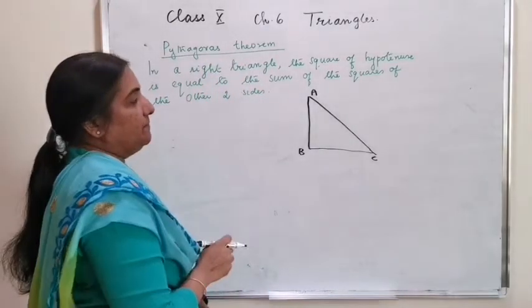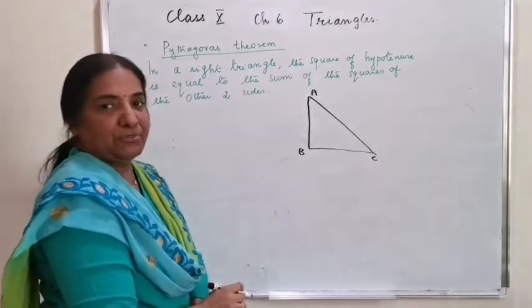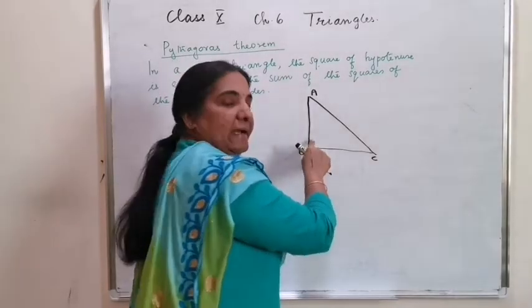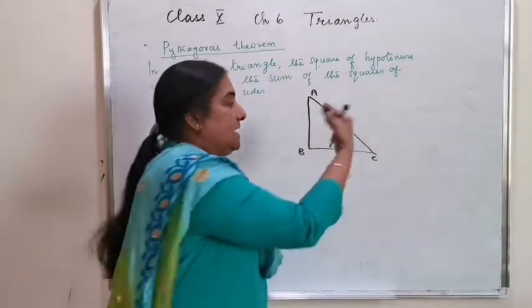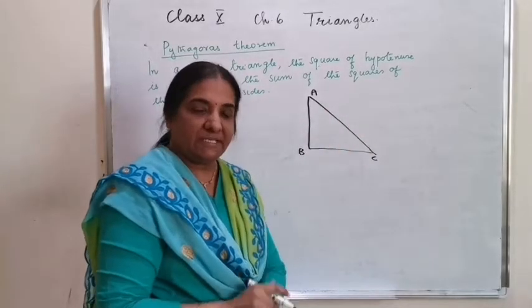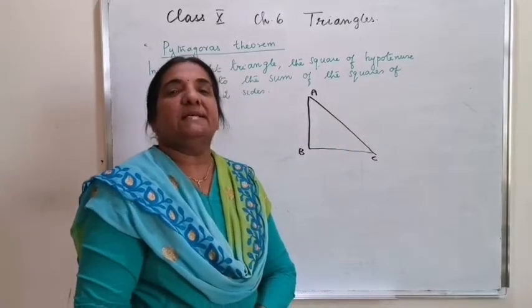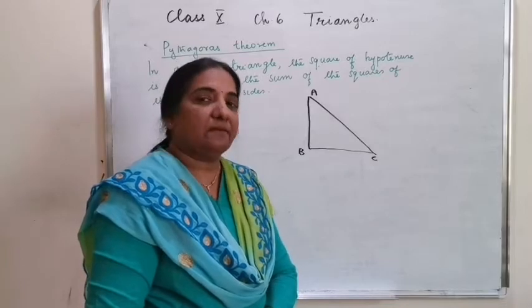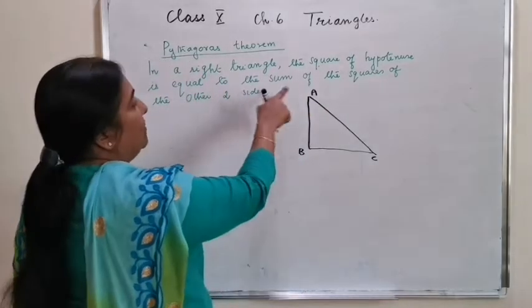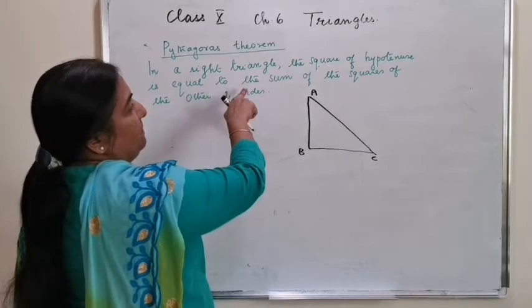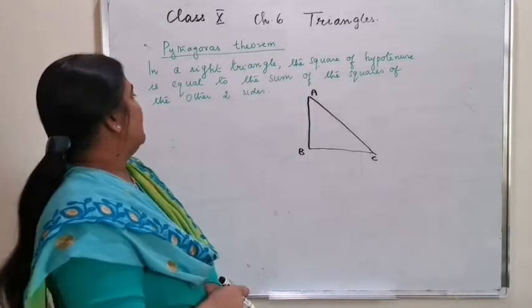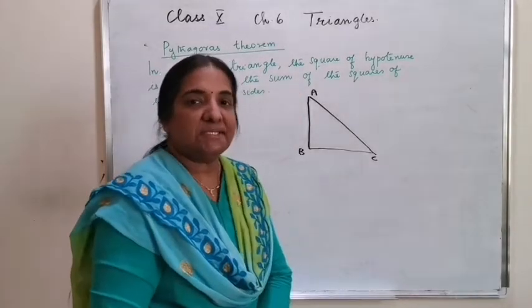If angle B is 90 degrees, AC is the hypotenuse, meaning the side opposite to the right angle. The square of the hypotenuse is equal to the sum of the squares of the other two sides.